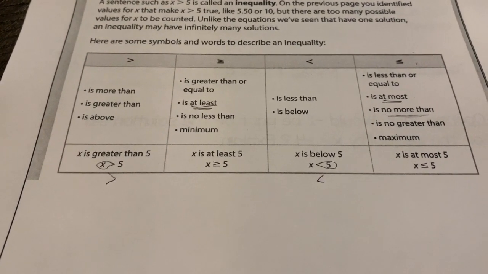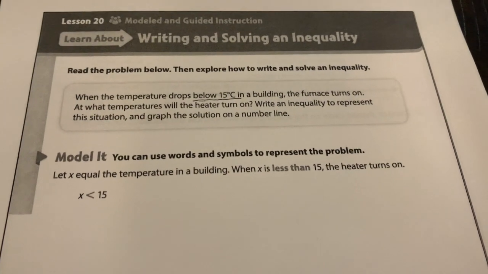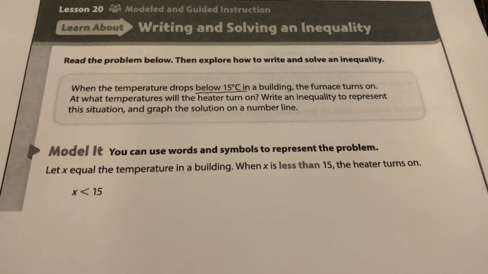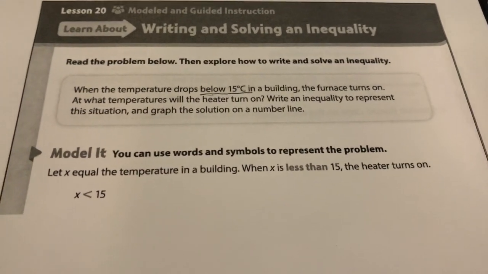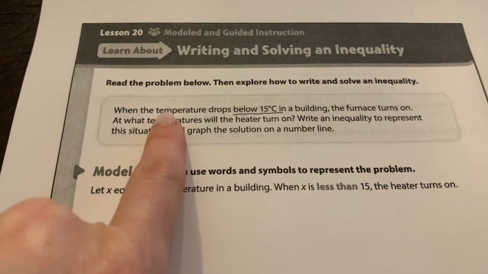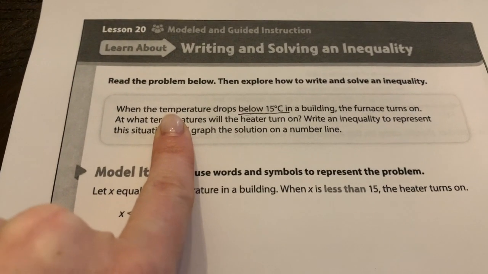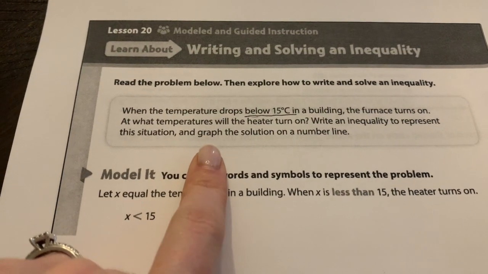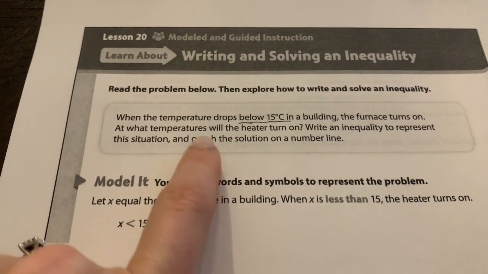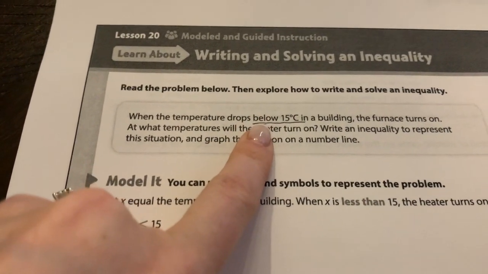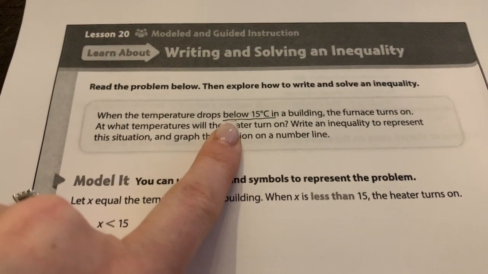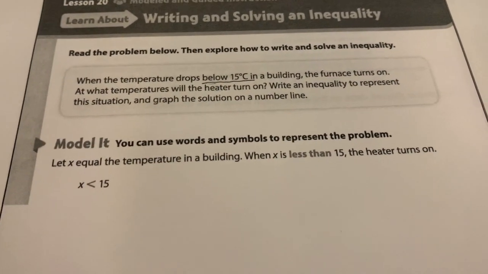Okay, guys, so I thought I was recording this problem and I was not. So anyway, if you look at this, what we're trying to do is represent, using an inequality, what temperatures a heater is going to turn on for if it turns on when the temperature goes below 15. We don't have to write all of the temperatures.